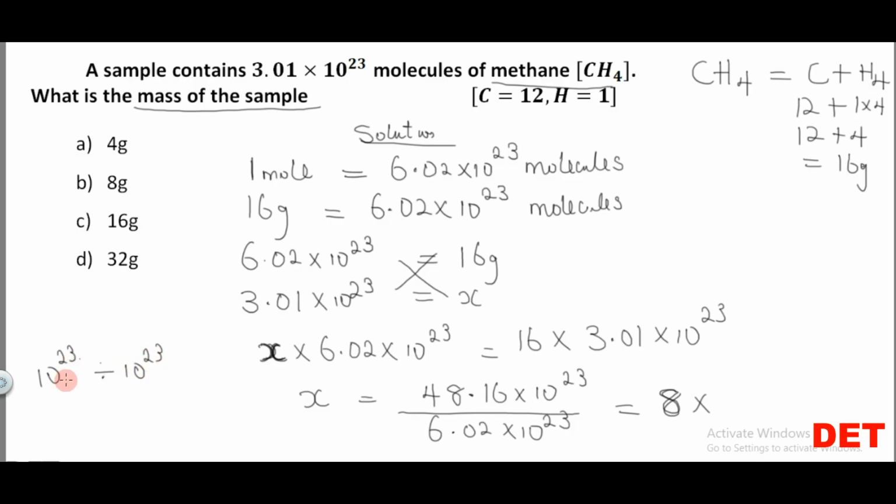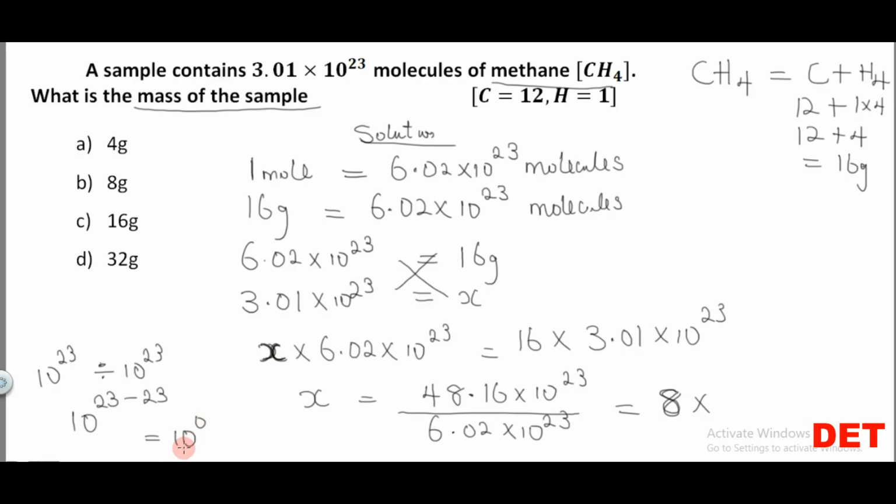How do we solve this? We solve this using the division law of indices. Since the base numbers are the same, I will take one of them, 10 raised to the power of 23, and I will subtract the powers. 23 minus 23 will give us 0. So that will be equal to 10 raised to the power of 0.